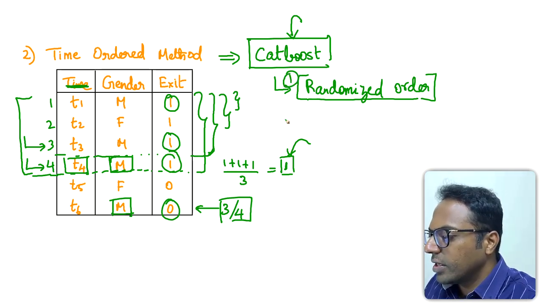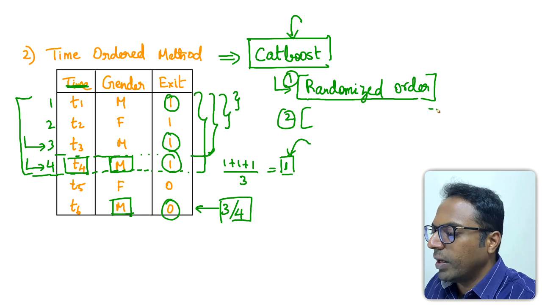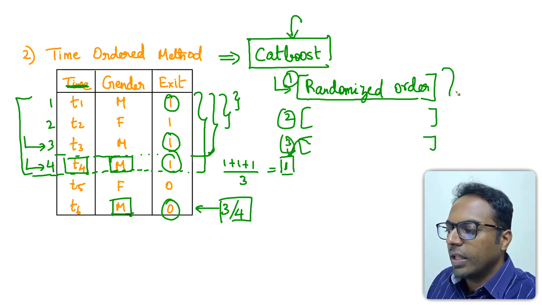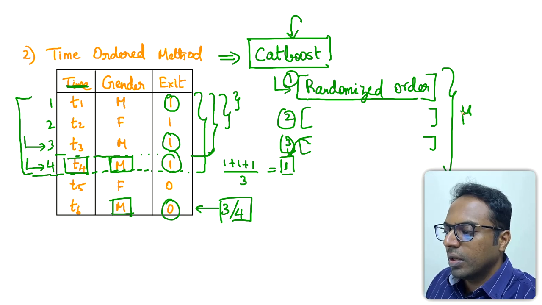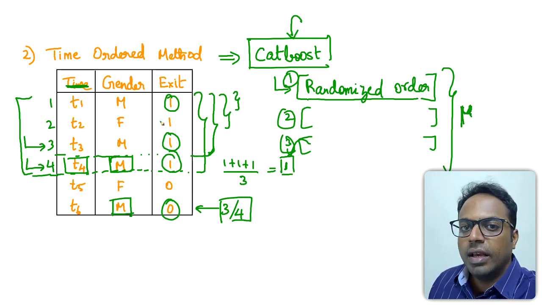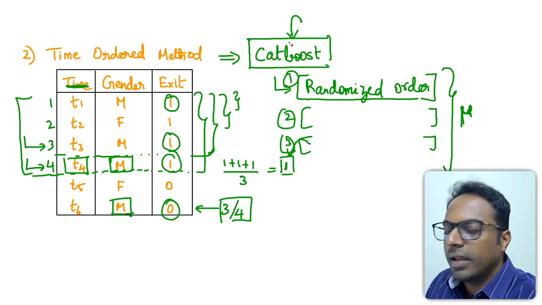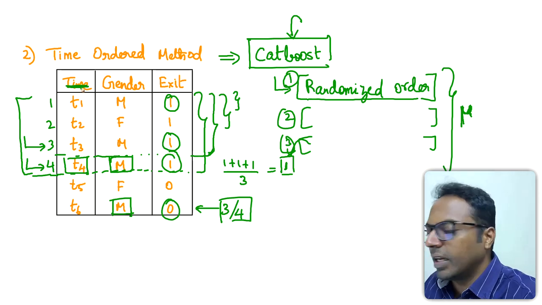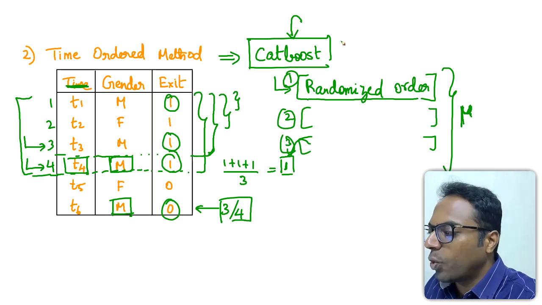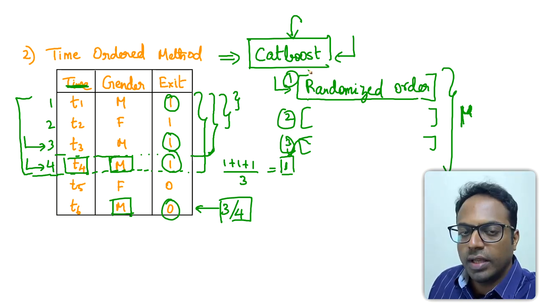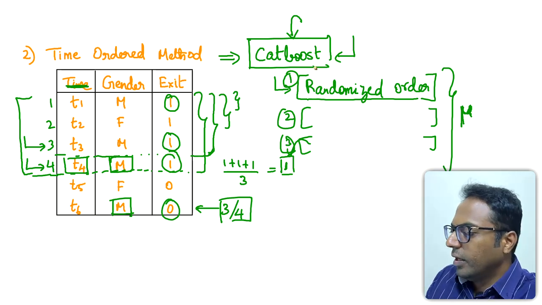So the first iteration gives one set of mean encodings, the second iteration another set, the third iteration another set of encodings for all the rows. It will take the mean of all these and use that mean as the final category encoded, or target encoded, version of each of these categories in the data. That's the fundamental foundation of what CatBoost does. Excellent approach again.